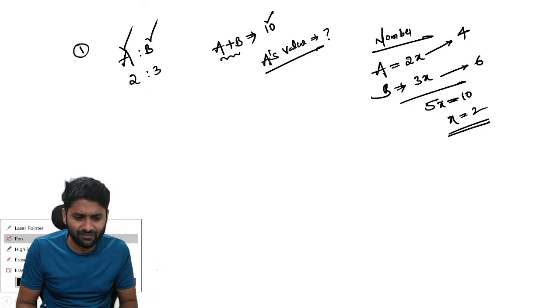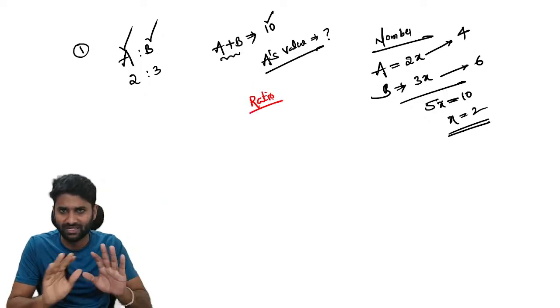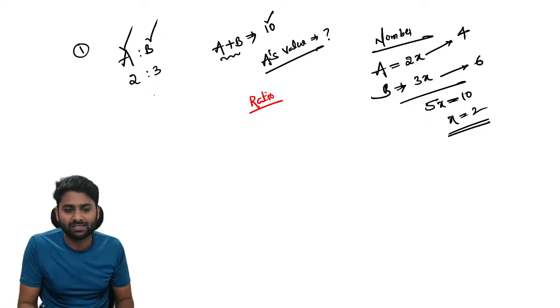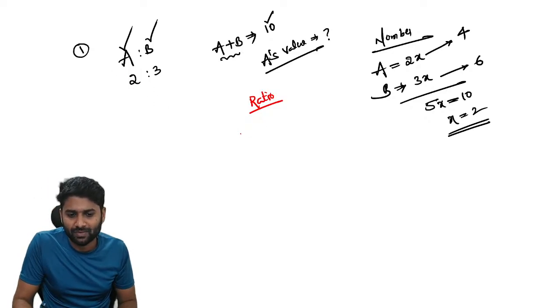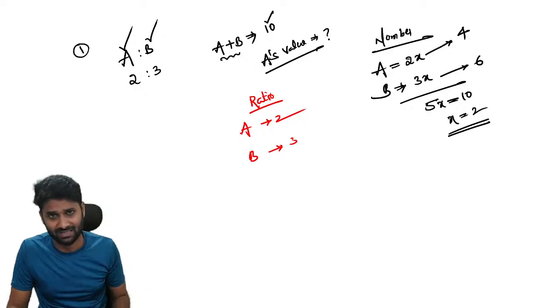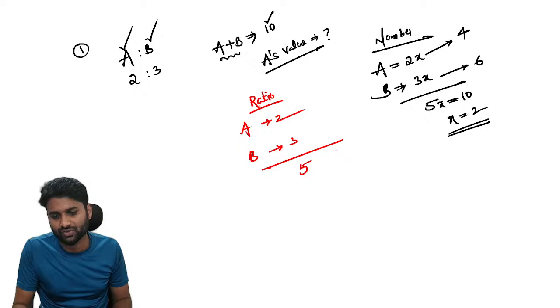Otherwise, if you want to solve in ratios, I told you ratio is all about the quantity. It's not an exact number. We are assuming the quantity. So let us assume that A's value is 2 and B's value is 3. We are just assuming that these are exact values. The sum of these two numbers is how much? 5.